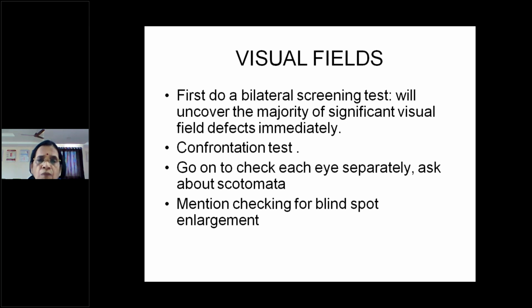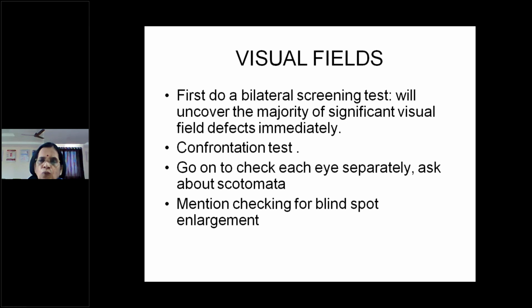That is the confrontation test. Confrontation means you assume your field of vision is normal and you compare the patient with it. The principle is, you must sit at the same level, 1 meter distance, and you close the right eye, he has to close the opposite eye, and he has to fix the gaze. He has to look straight into your eye. He should not move this side or that side. You can keep your hand over his head and fix his head.